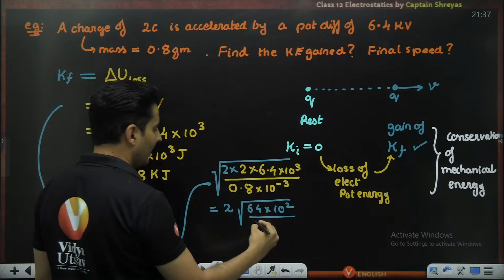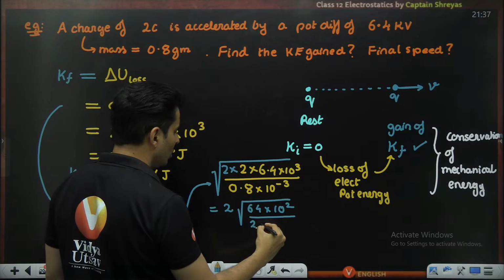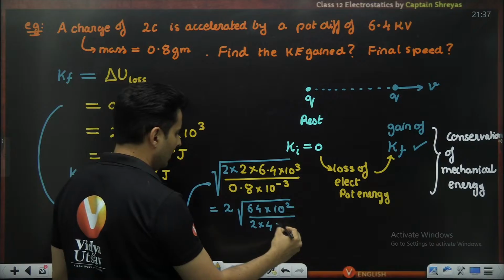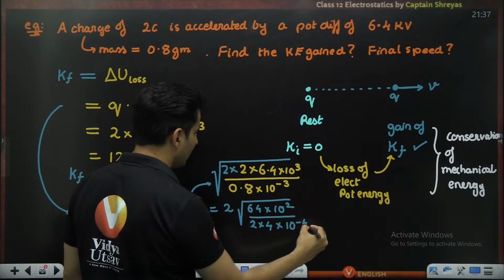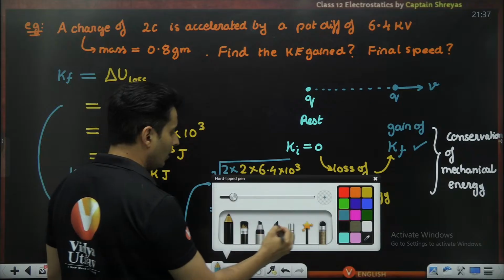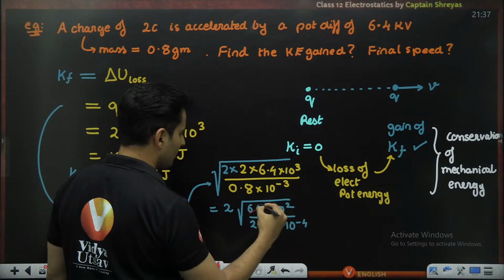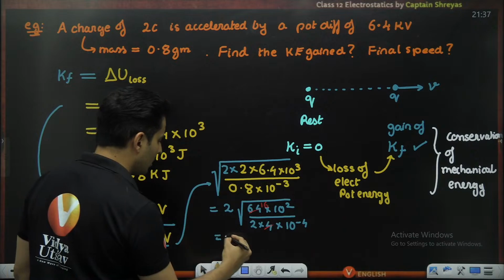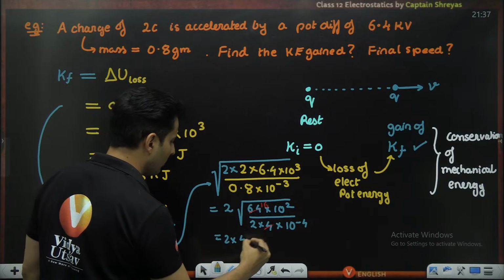Then over here, I can write 0.8 as 8 into 10 to the power minus 1, and 8 is 2 into 4. So 10 to the power minus 4. Okay, perfect. 64 by 4, we all know, is nothing but 16. So this will become 16. Root of 16 is basically 4. So 2, root of 16 is 4.